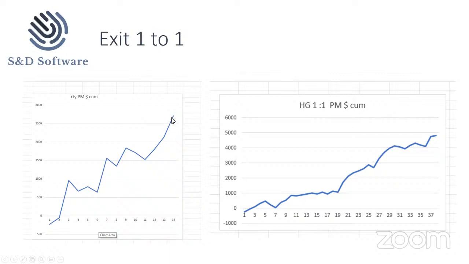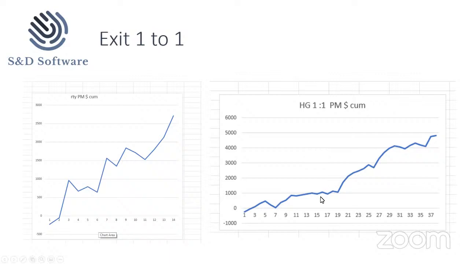I only had 14 trades on the RTY when I collected it. I got 37 on copper. I like to have at least 30 data points to feel good about the information.